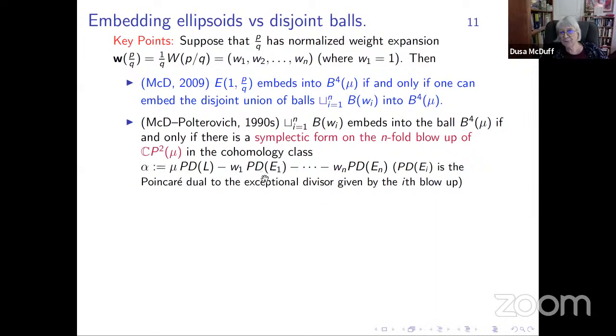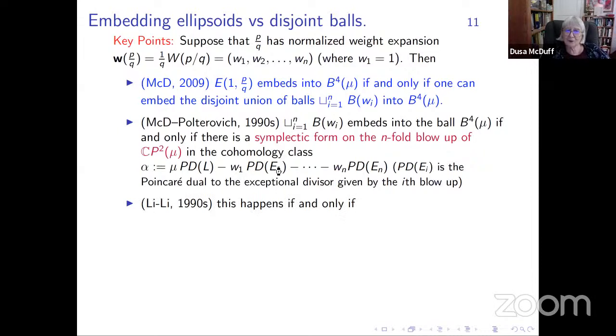And then each of the exceptional divisors has got size W, the W's are the weights. And that's to do with the fact that in blowing up in the symplectic world, you have a ball embedded in your manifold, you cut out the interior of the ball, and then you collapse the boundary to the Hopf surface. And that gives you an exceptional divisor.